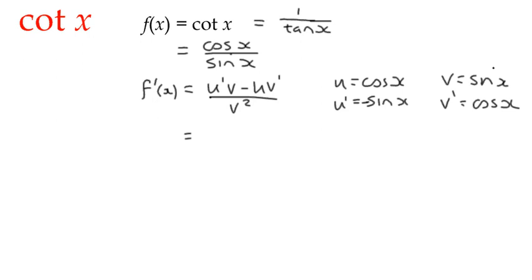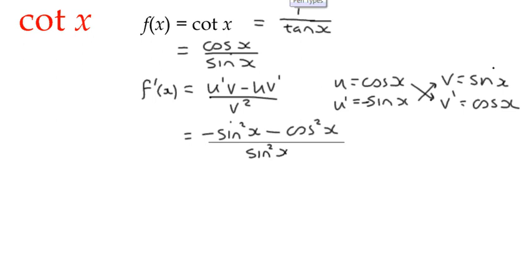So when we substitute this in, u dash v is negative sine squared x, minus u v dash, which is cos squared x, all over the v squared, which is sine squared x. Now in the first one where we had the derivative of tan x, we had sine squared x plus cos squared x.